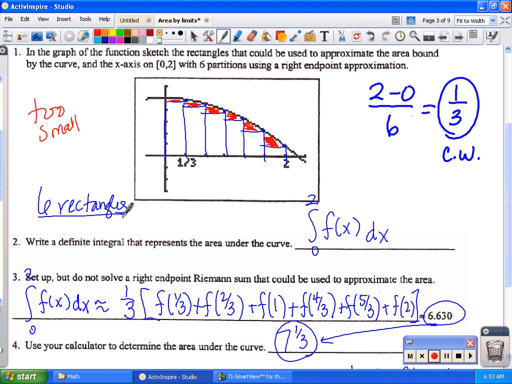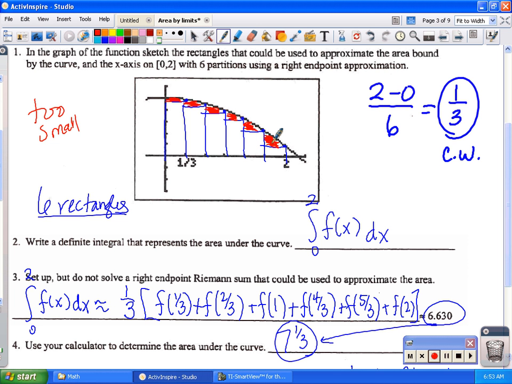If I were to increase the number of rectangles, let's say to 10 rectangles, this red region, this area that we lost, would then decrease, because 10 rectangles is going to more closely assume the curve and lose less area. And if 10 rectangles loses less area, then 100 rectangles would lose even less area. And 1,000 rectangles would lose even less area. And 1,000,000 rectangles would lose even less area.